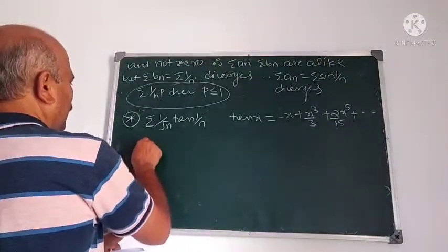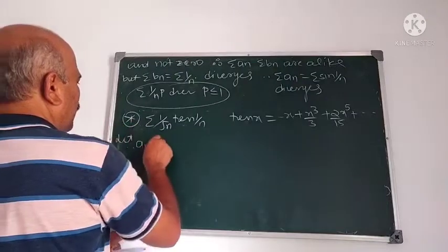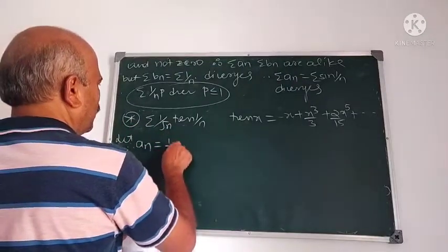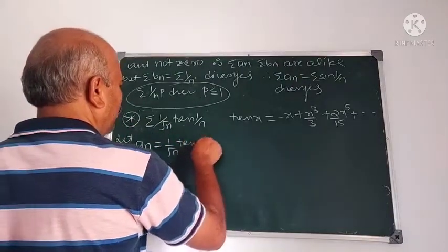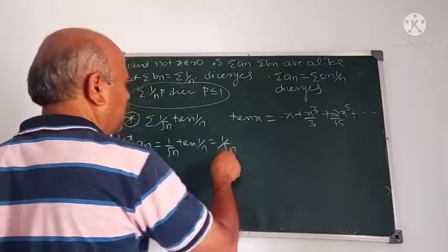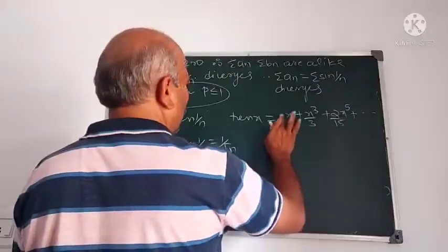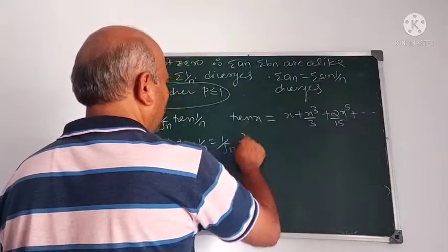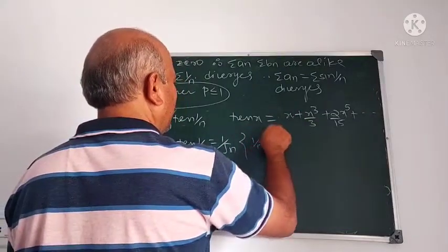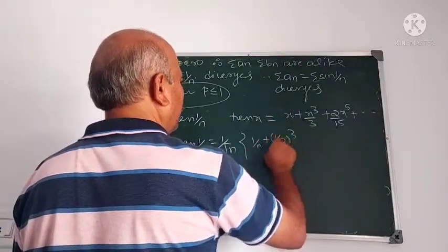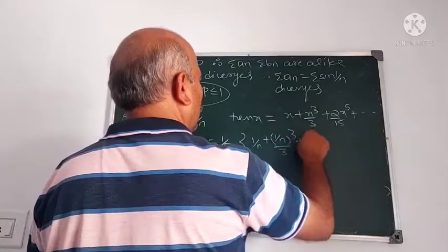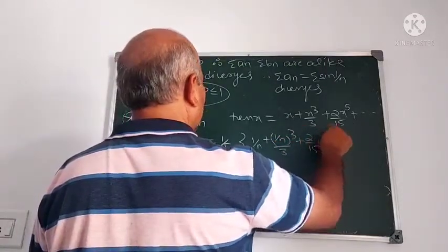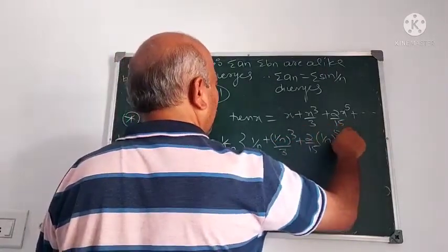Therefore, let an be 1 upon root n tan 1 upon n. What is tan 1 upon n? Tan 1 upon n is 1 upon n plus 1 upon n cube by 3 plus 2 by 15, 1 upon n raised to 5 plus so on.